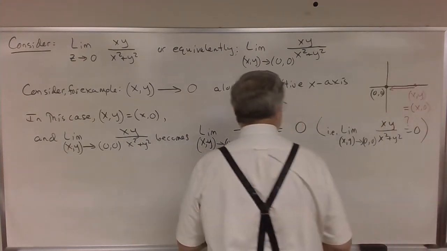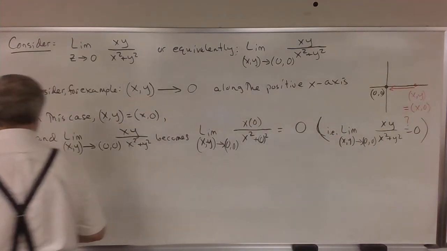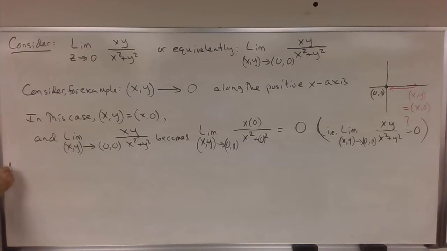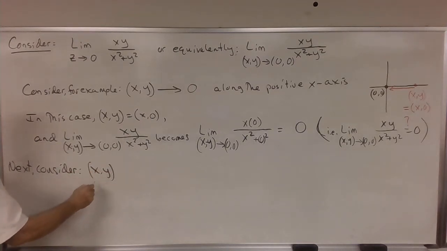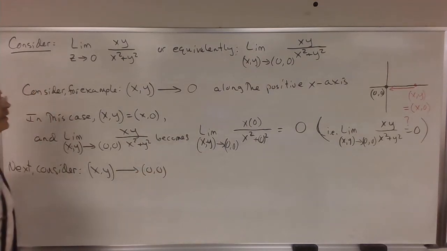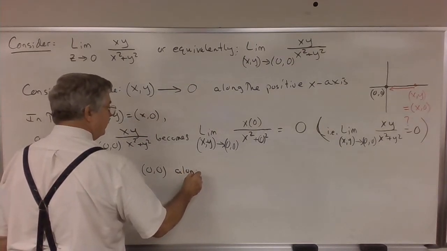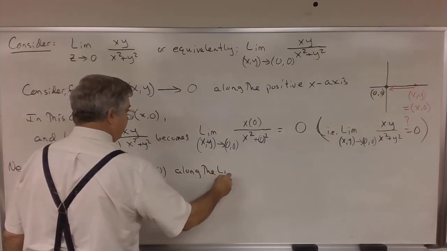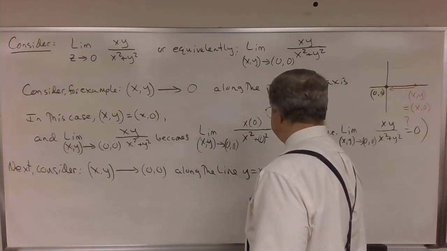But let's have xy approach the origin along a different path. Let's suppose that xy approaches 0 along the line y equals x.